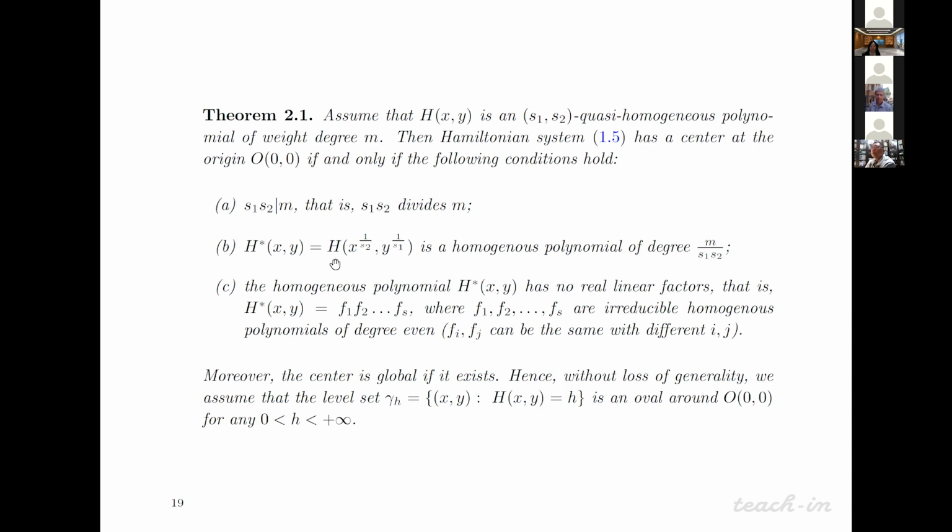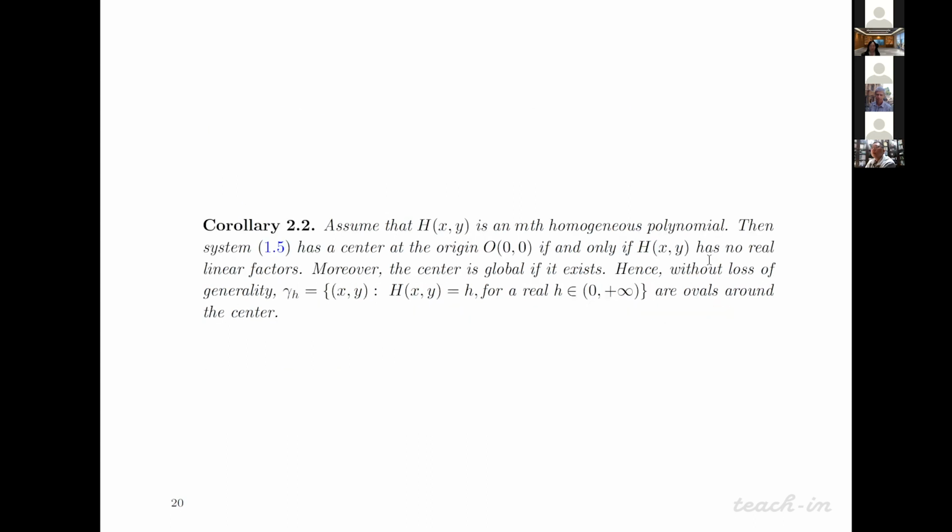This center must be global. If it exists, then the center is global. So we can assume this period annulus is gamma h, with h greater than 0 and less than positive infinity. From this theorem, you can get an easy corollary.